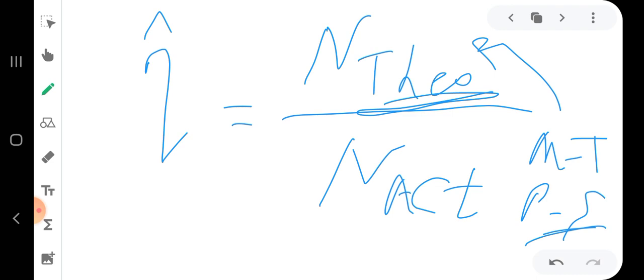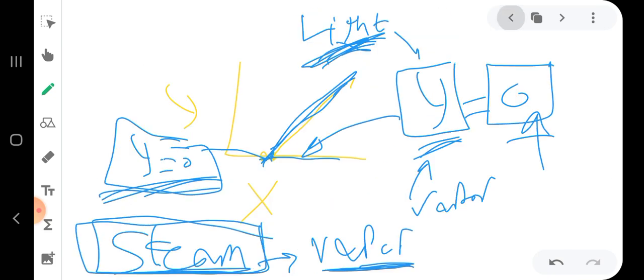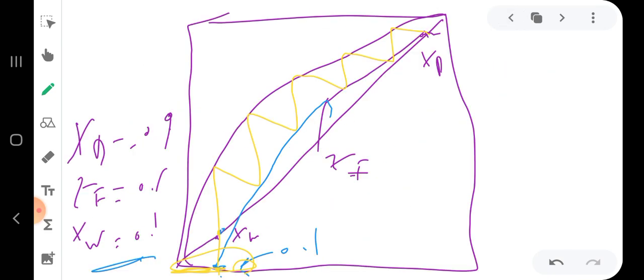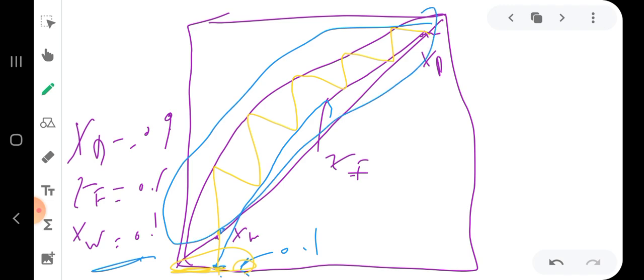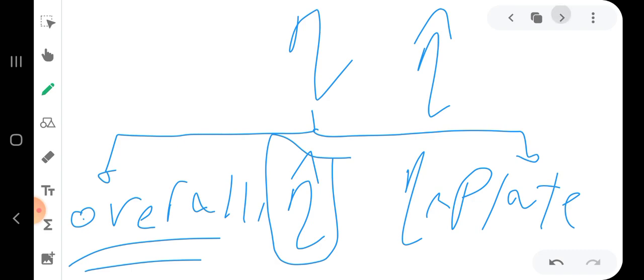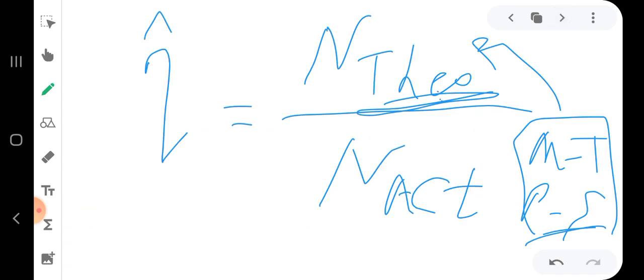The number of stages obtained from this method, when we have 1, 2, 3, 4, 5, we can call the theoretical stages.